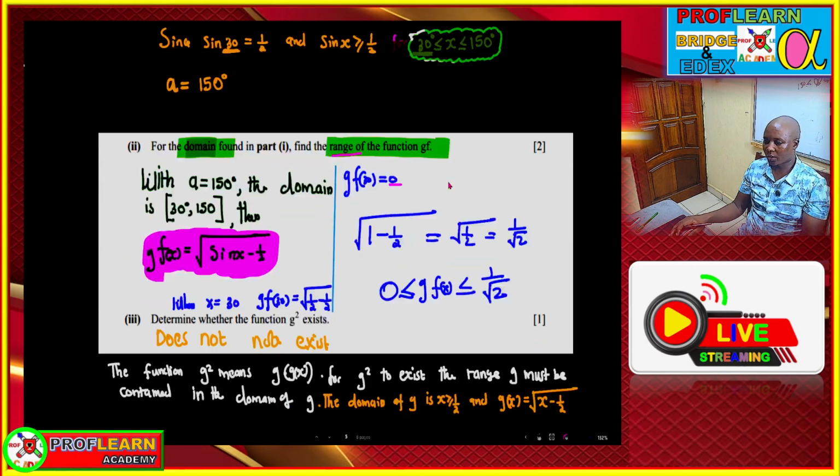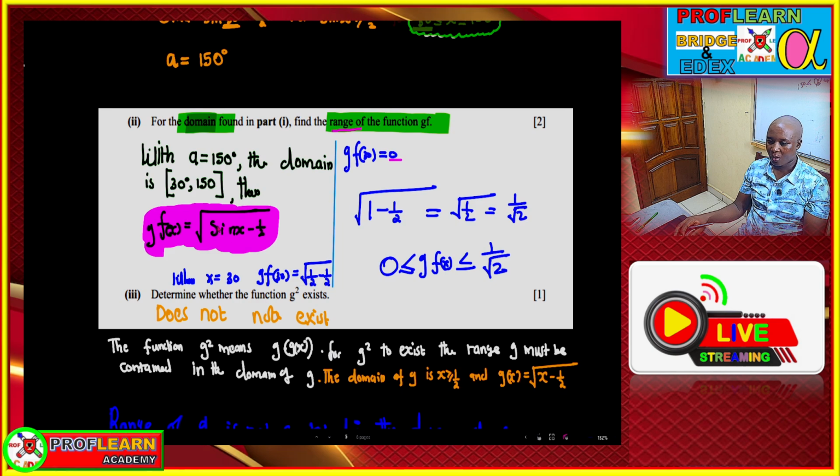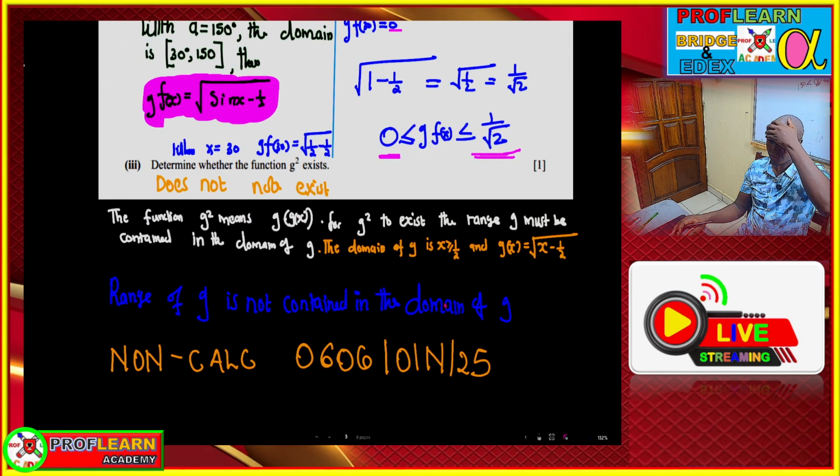So when we have 1 in this part here, it will be 1 minus a half, which is going to be a half. So root a half becomes 1 over root 2, so the range of g f of x will range from 0 all the way to 1 over root 2. So that is exactly what we are going to do at that point.